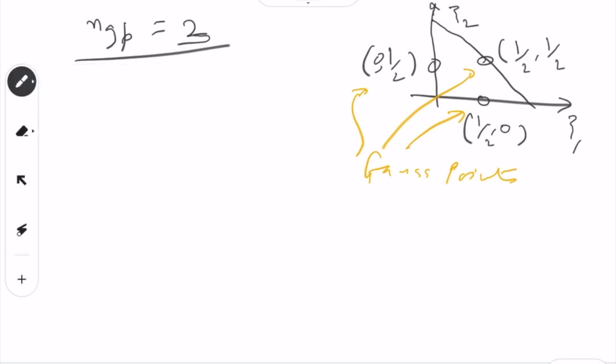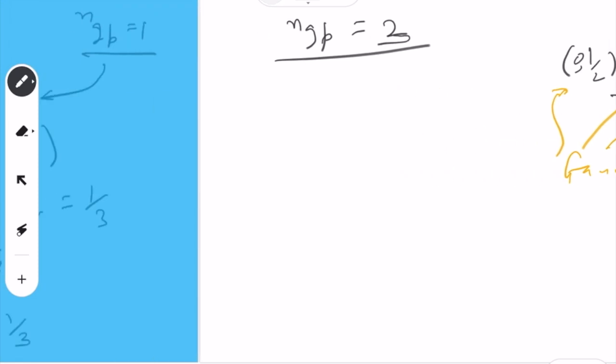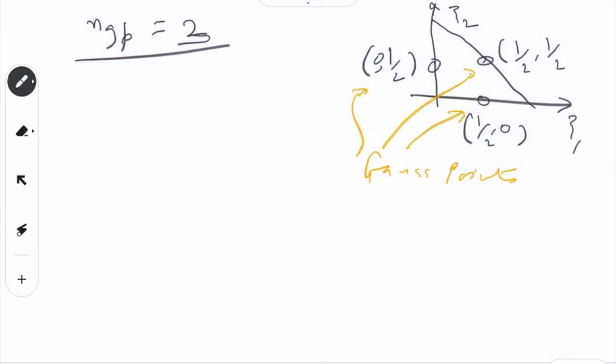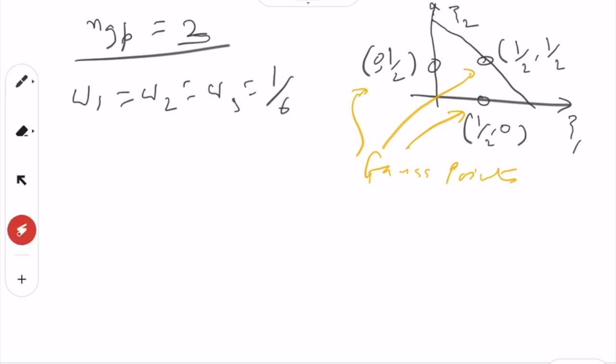So summation of weight, as you know, in this case weight was equal to half. So summation of weight will be half basically, and W1 equal to W2 equal to W3 equal to 1 over 6. So if you sum them, 1 over 6 multiplied by 3 is equal to 1 over 2. So W1 is this one, and these are the Gauss points.